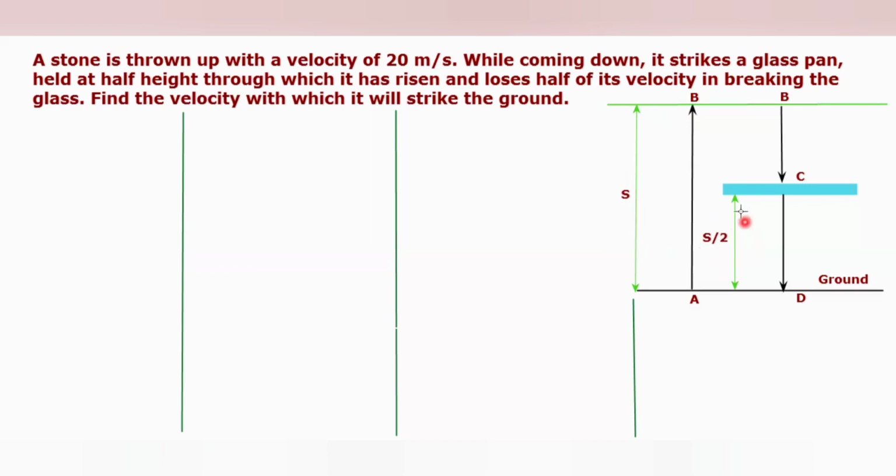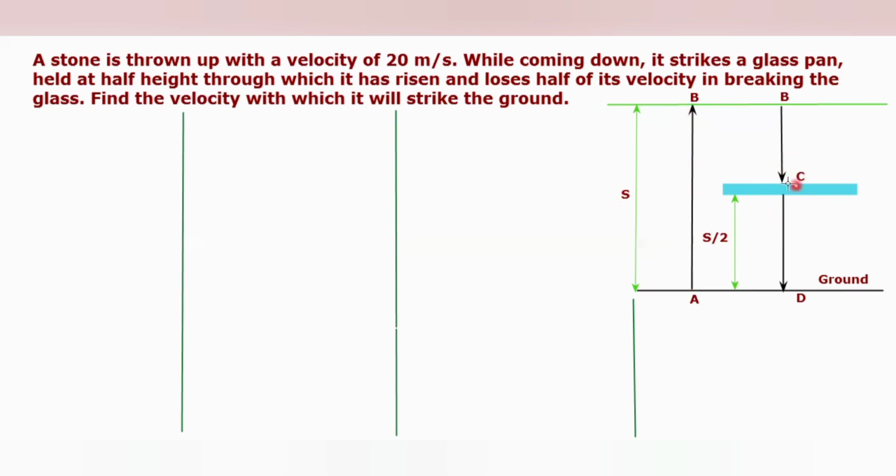We are going to keep a glass window. While coming down, the stone is going to hit and break the glass pan, which is kept at exactly half the height through which the stone previously traveled.